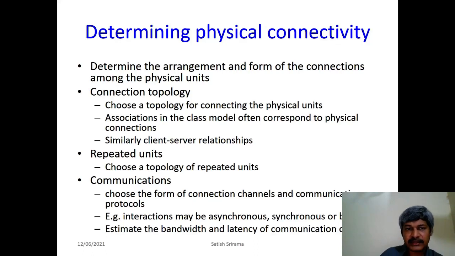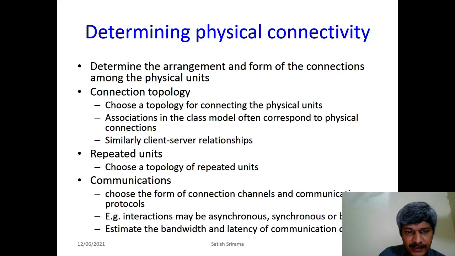Similarly, the client-server relationships among these subsystems are also a good place to see how to establish this connection topology. This again, we have discussed in the previous video when we were talking about different layers, and how these layers interact as subsystems.